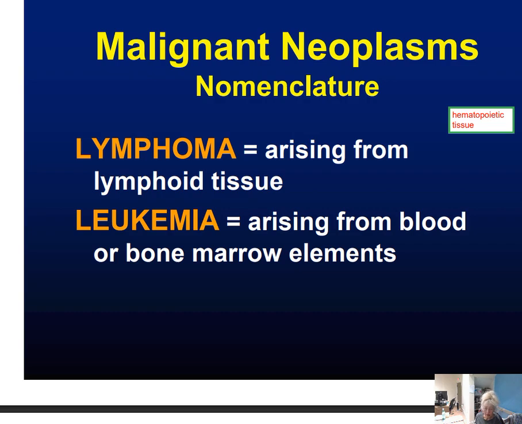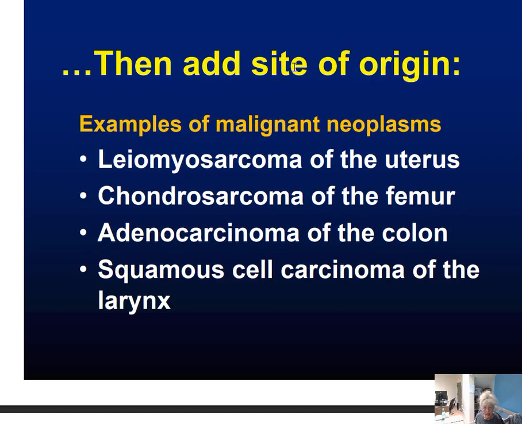Any of those can become malignant. Then add the site of origin. Examples of malignant neoplasms: leiomyosarcoma of the uterus, chondrosarcoma of the femur, adenocarcinoma of the colon, squamous cell carcinoma of the larynx.